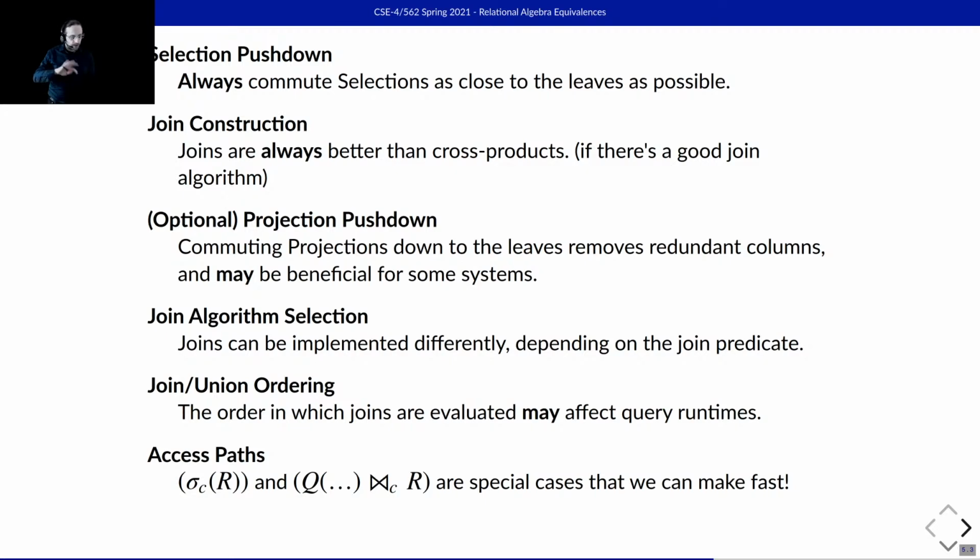So picking the right order is also something that query optimizers really have to look at. The order in which joins and unions are evaluated similarly may affect the query runtime. If you do the join below the union versus above the union, you might end up with different query runtime.